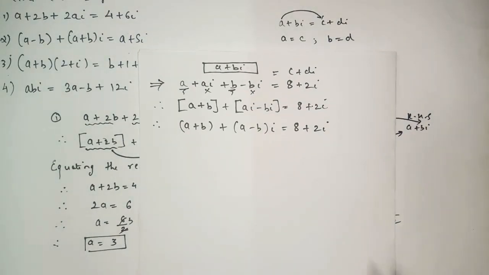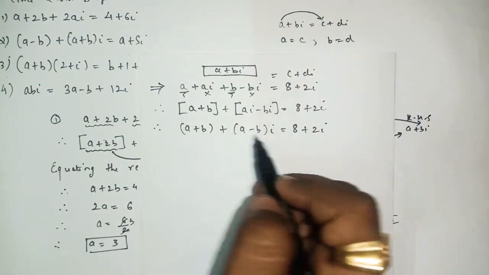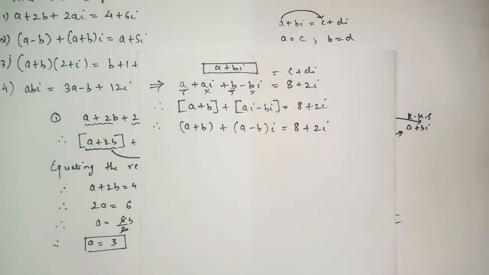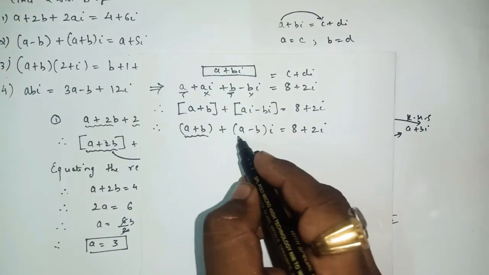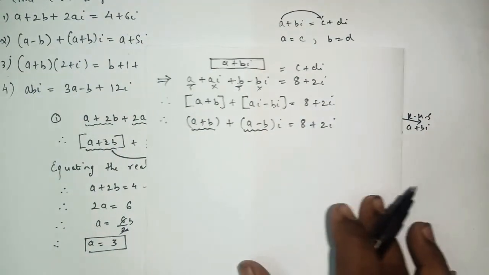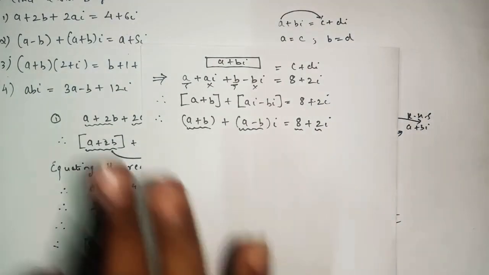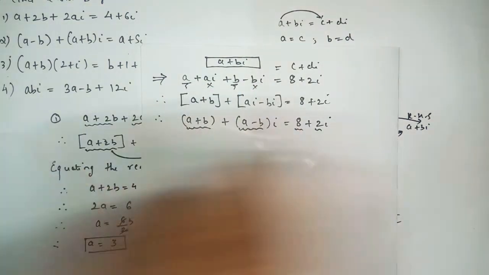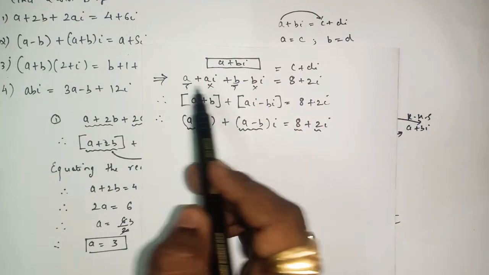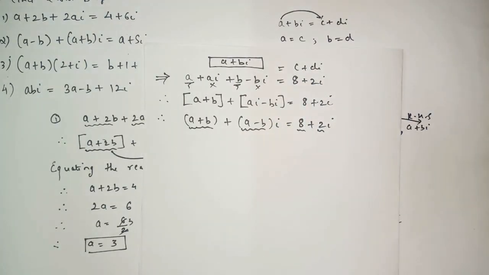Can I say, now we have converted this left hand side in the form of a plus bi and the right hand side is c plus di, yes or no. So we'll consider this whole part as a, this whole part as b, this as c, and this part as d. So in simple language, what exactly you have to do, anyhow you have to convert the left hand side part as a plus bi and the right hand side part as c plus di, yes or no.